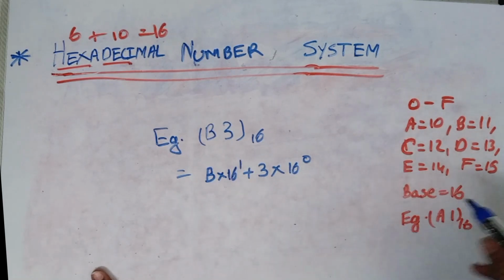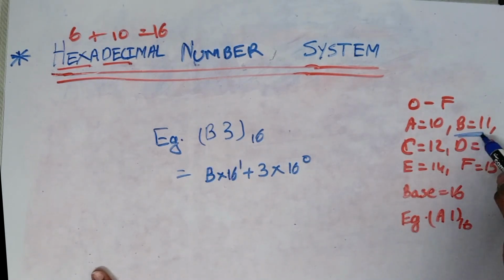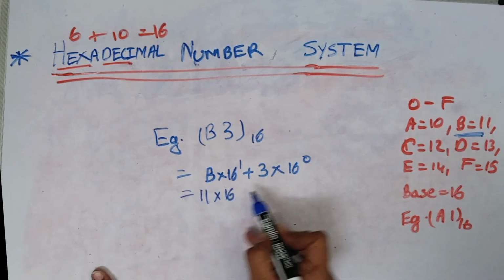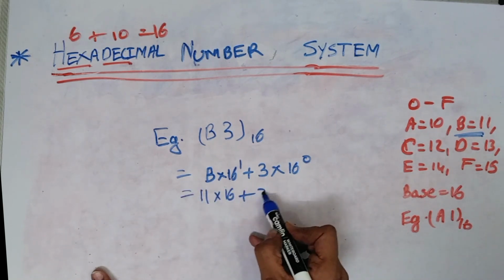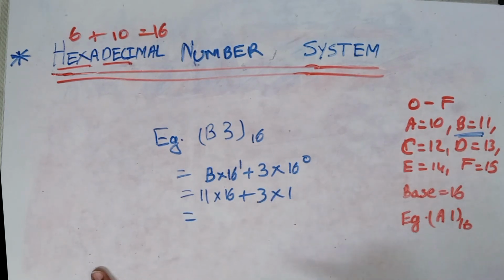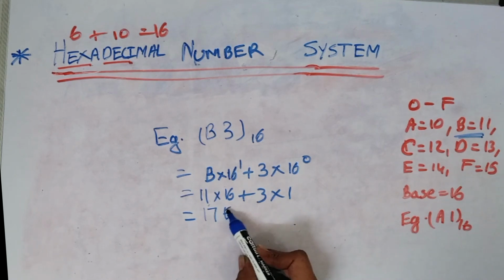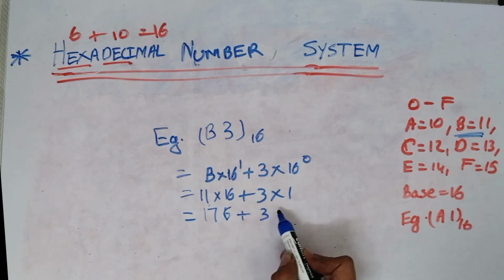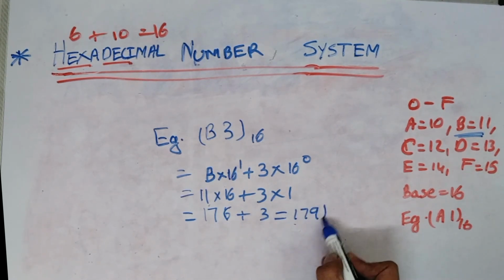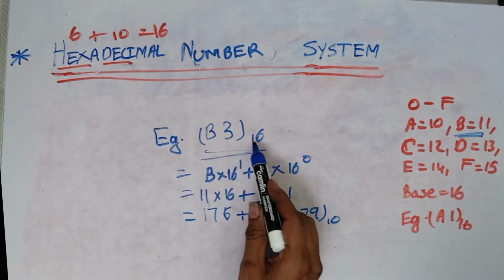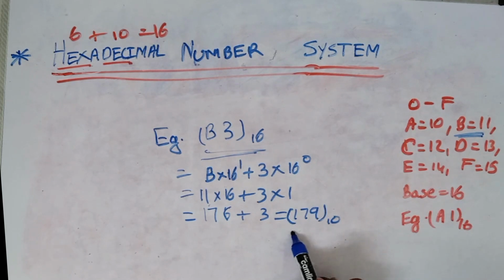Now B is 11, so 11 into 16 plus 3 into 1, which is 176 plus 3, which is 179. This is the value of B3 in hexadecimal, and it is 179 in the decimal number system.